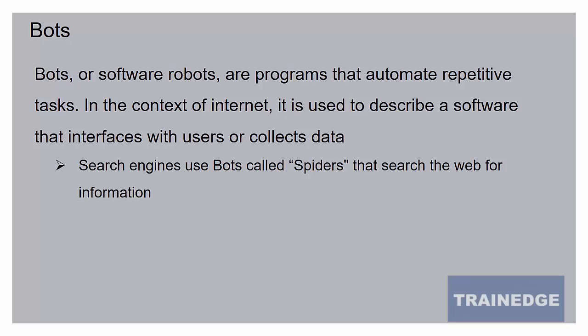These bots used by search engines are also called spiders. And this process of going from site to site is called crawling. So, just like a spider crawls on the wall, these search bots crawl on the internet, going from one site to another.